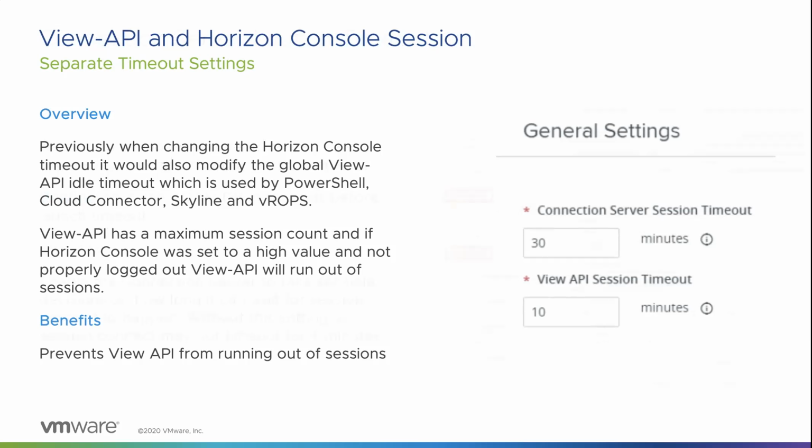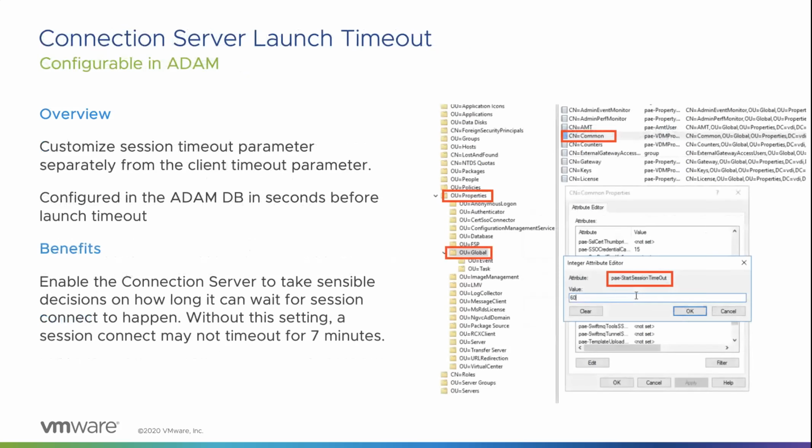You can now customize the connection server launch timeout in Atom. And this is something that if folks are bouncing between global entitlements, or even trying to connect to a server that may not be up, the default timeout on the client side is 7 minutes.